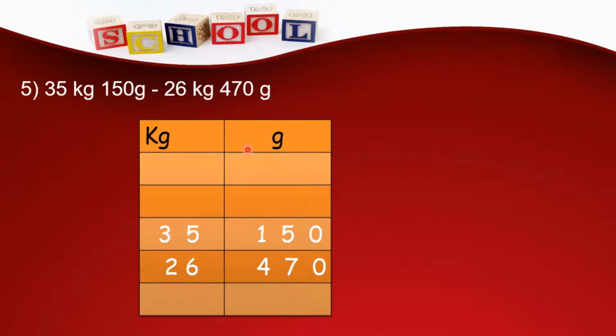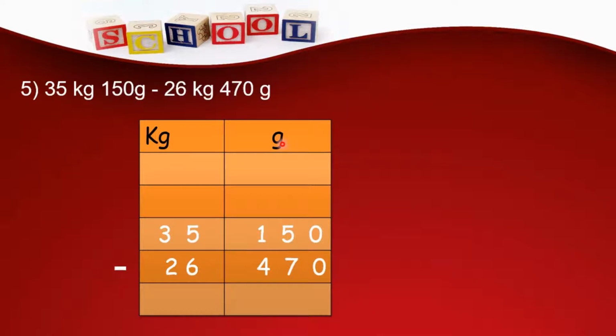So we make two columns, kilograms and grams, and we write 35 under kilograms, 150 in the column of grams. Also, we write 26 in the column of kilograms and 470 in the column of grams, and we do the subtraction now.